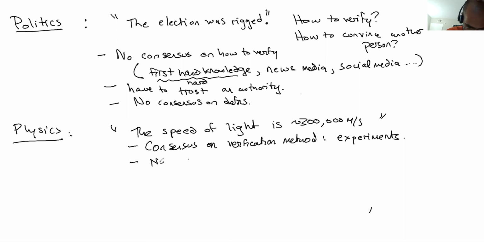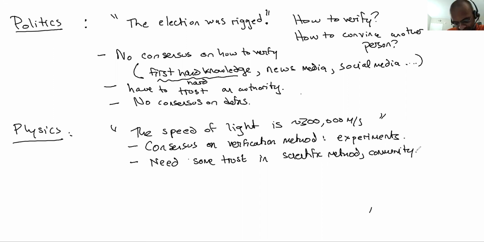So you need some trust in, you know, you still need to believe the scientific method, right? And if you want to convince another person, they need to buy into this system, right? They need to share this trust.